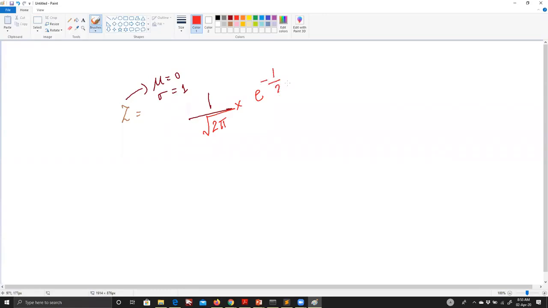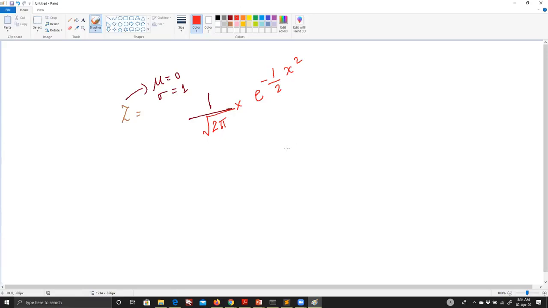Good. Into x minus mu by sigma, again sigma is 1 and mu is 0, so this is x square. Because sigma is 1 and mu is 0, that doesn't affect anything here. So this is the equation for the normal curve, sorry, the z distribution.